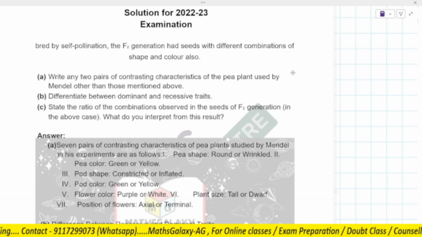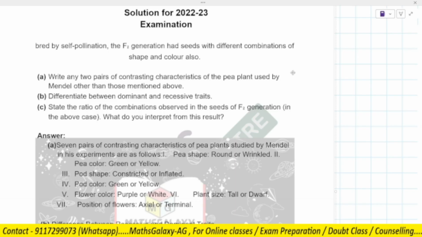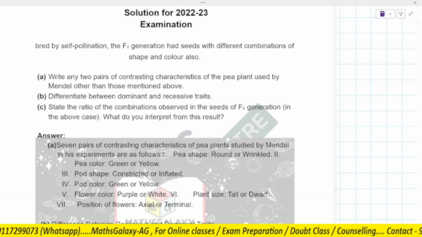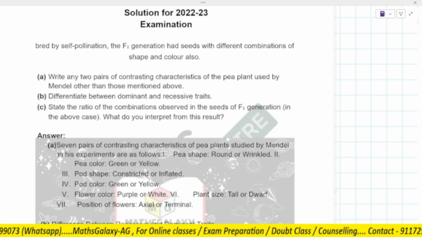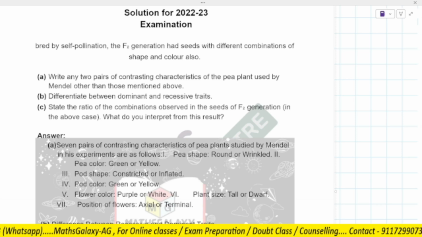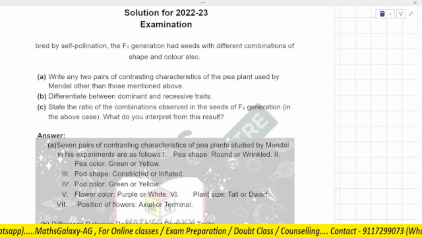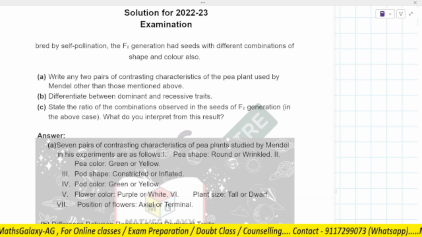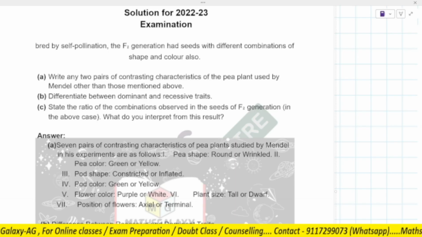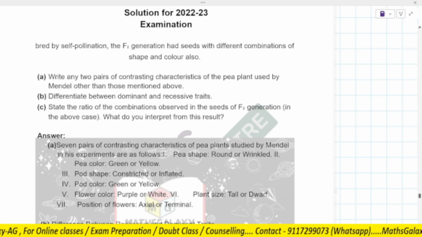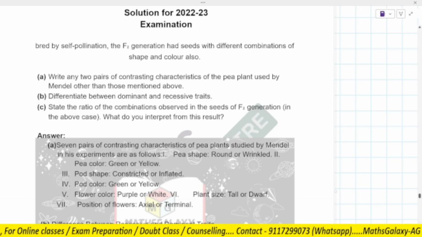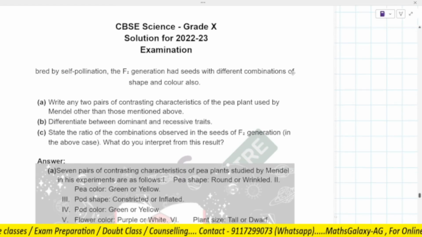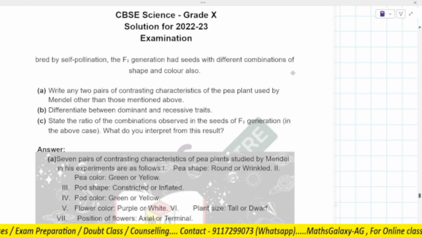The seven pairs of contrasting characteristics of pea plants studied by Mendel in his experiment follow as: seed shape, that is round or wrinkled, then seed color green or yellow, pod shape, that is constricted or inflated, pod color, that is green or yellow, then flower color purple or white, and after that plant size tall or dwarf, position of flower, that is axial or terminal. Okay, so these you can note down, you can write.